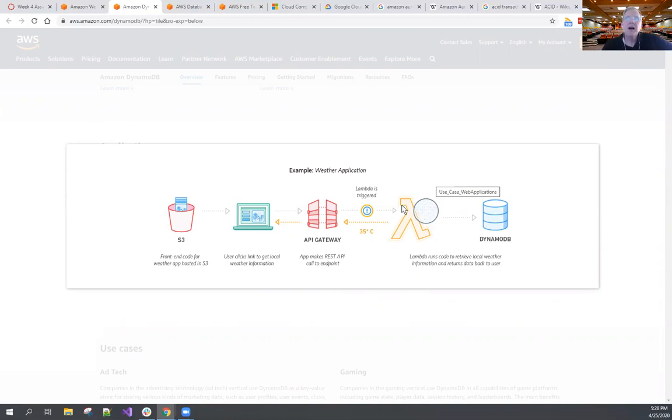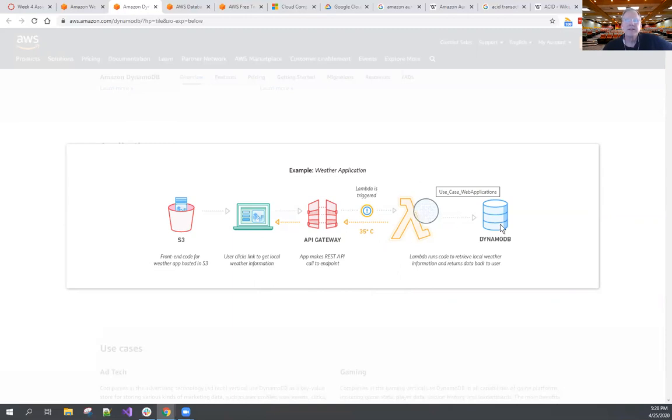And then you sit an API gateway on top of that. So the app makes a REST API call to the endpoint that's here in Lambda, and then that goes to this database. This is the very interesting architecture of current apps, if you want to start developing.